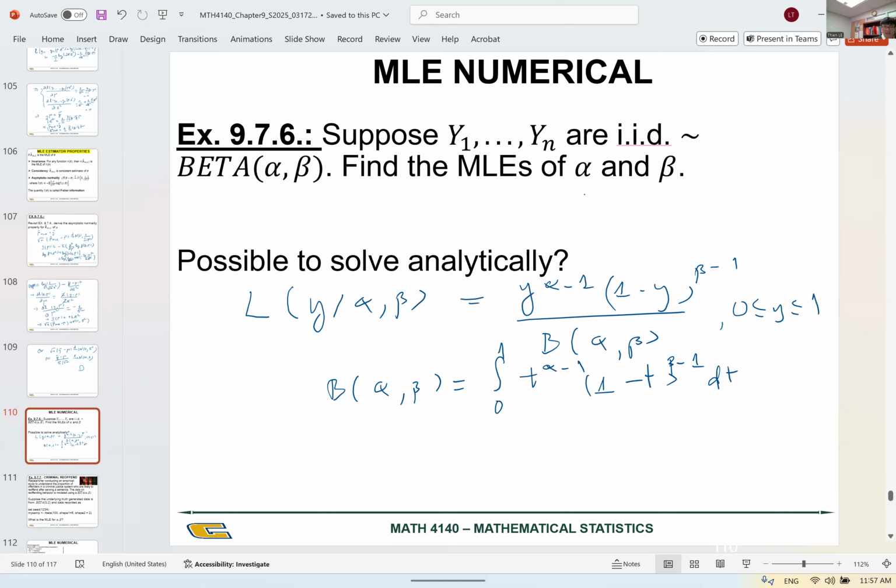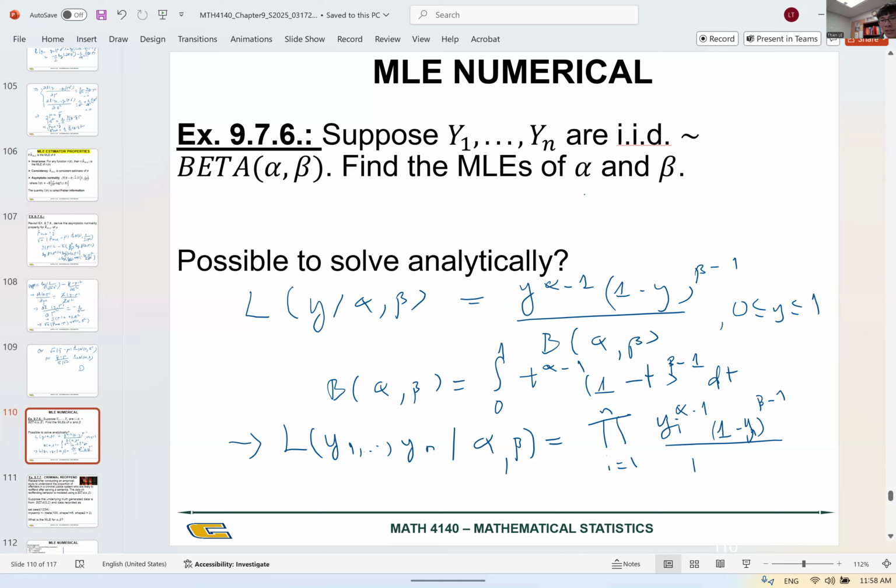It has a relationship with the gamma function, such as gamma alpha times gamma beta divided by gamma alpha plus beta. But anyway, from here you can write out the likelihood L(alpha, beta) as the product over i from 1 to n of y_i to the alpha minus 1, times (1 minus y_i) to the beta minus 1, divided by B(alpha, beta).